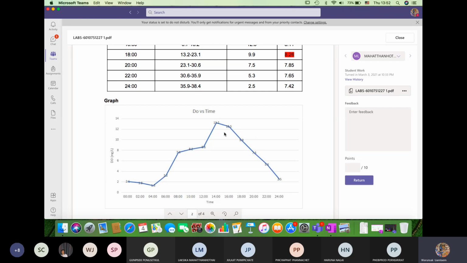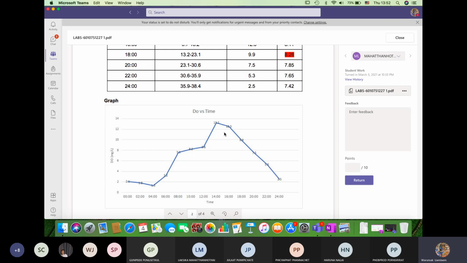So under temperatures of about 30 degrees Celsius, you would get the saturated dissolved oxygen in between 7 to 8, or slightly higher than 8 sometimes, under the condition that salinity is 0. It's basically fresh water.